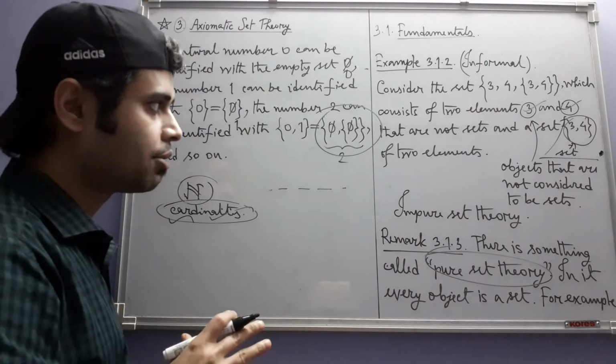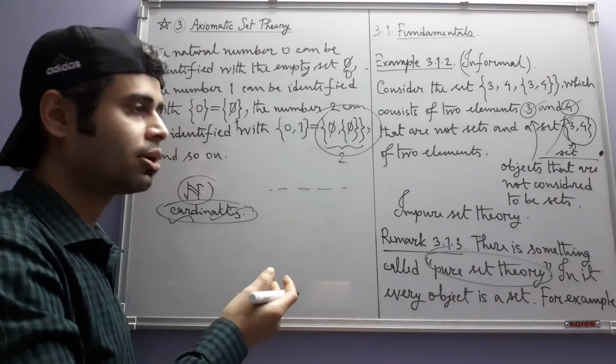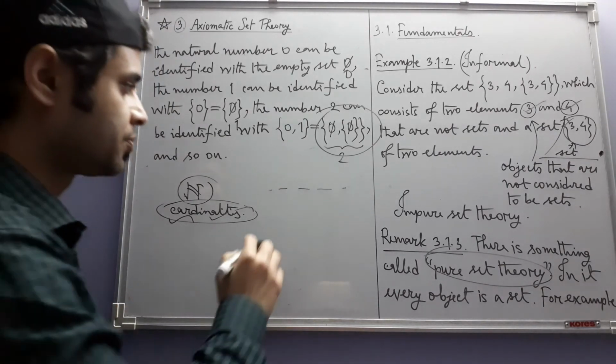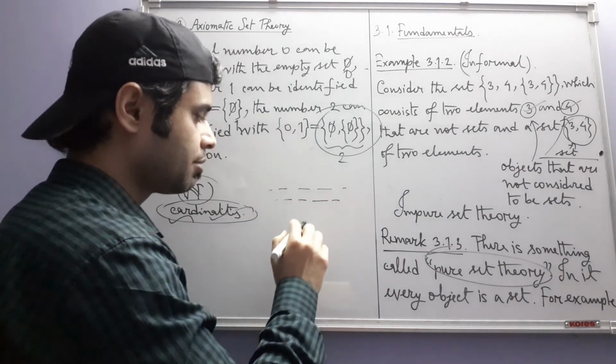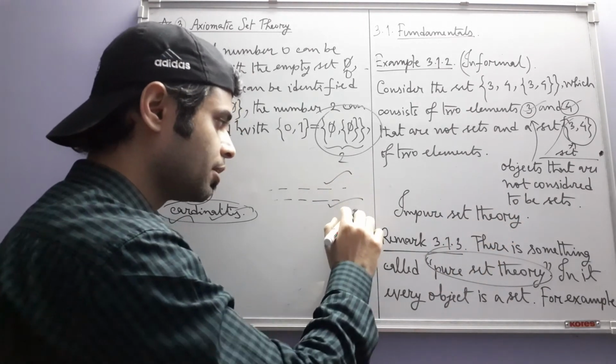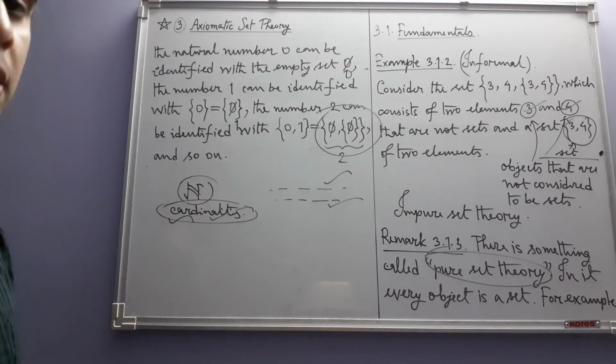Now, whether the set theory that we are going to see here is pure or impure does not really matter, because the theory that ultimately comes out of an impure development or a pure development is more or less identical for the purposes of doing mathematics.